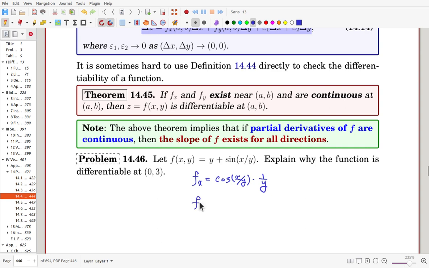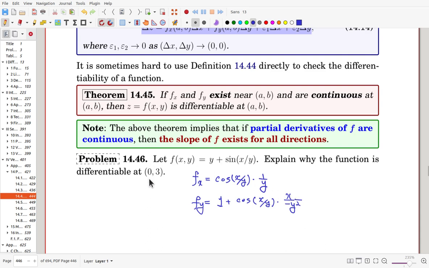Now, f sub y, the y derivative, becomes 1, and again, along with this sine, we take the derivative, which is cosine of x over y, and for x over y, the y derivative will be x and minus y squared on the bottom.